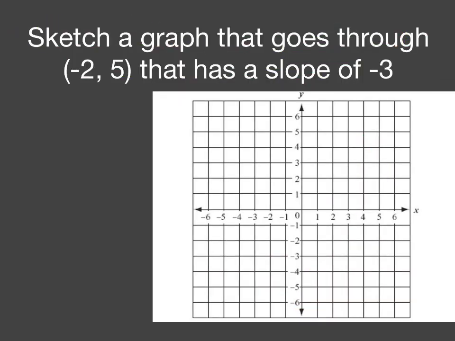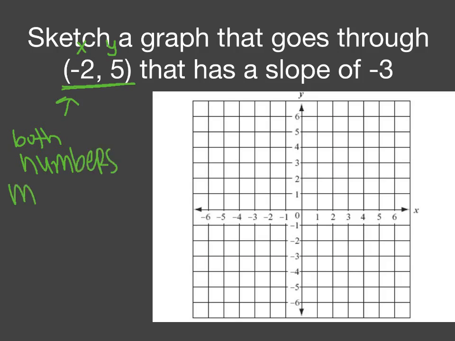Here's another example. Sketch a graph that goes through -2, 5 that has a slope of -3. So my first piece of information is that it goes through -2, 5. Well, whenever I have an ordered pair like this, I know that the first number is x and the second number is y. I also know that both numbers are used to make 1 point.